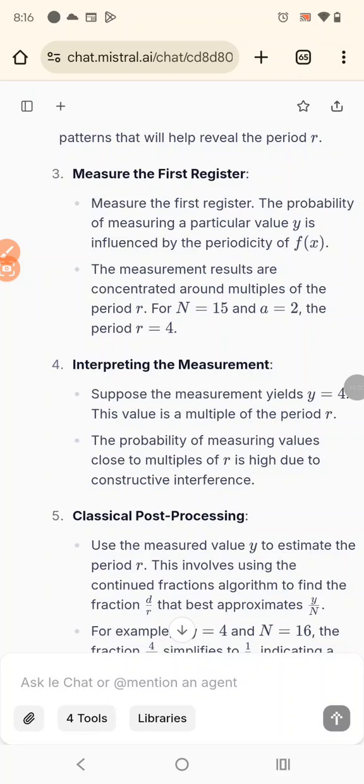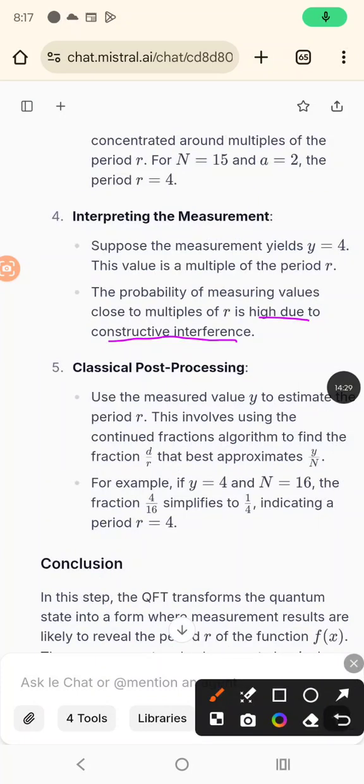So notice that the transformation changes the probability of measuring a particular value y, influenced by the periodicity of f(x). So this is what we are going to look into.